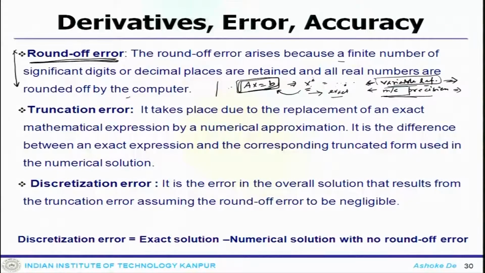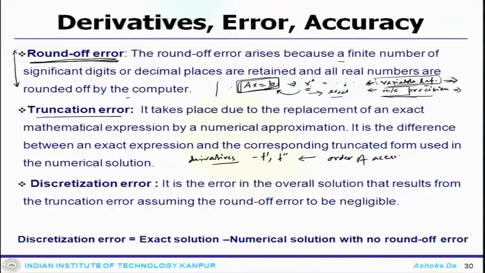There is another kind of error which is called the truncation error, and that comes from the numerical approximation. Numerical approximation means we are getting all these derivatives, f prime, f double prime, at certain values, and you have an order of accuracy of the approximation.